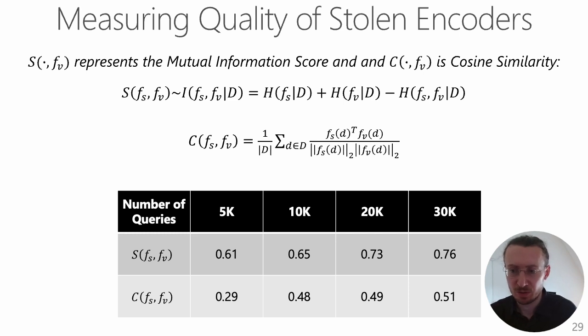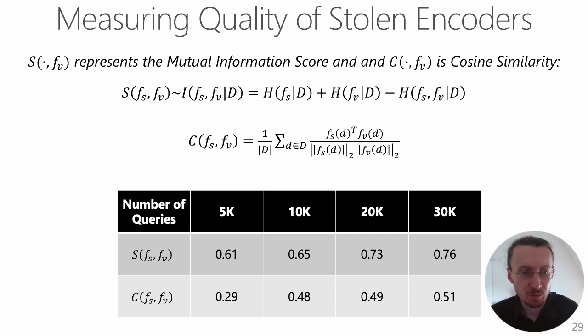So, to measure the quality of stolen encoders, we proposed two metrics. The first metric computes the mutual information between the victim encoder and its stolen copy. So here we denote the mutual information as I, and it's computed using the entropy, which we denote as H. We compute the mutual information between stolen and victim encoders by first computing the entropy for the stolen encoder, so H of F sub S, given dataset D, on which we trained the stolen copy.